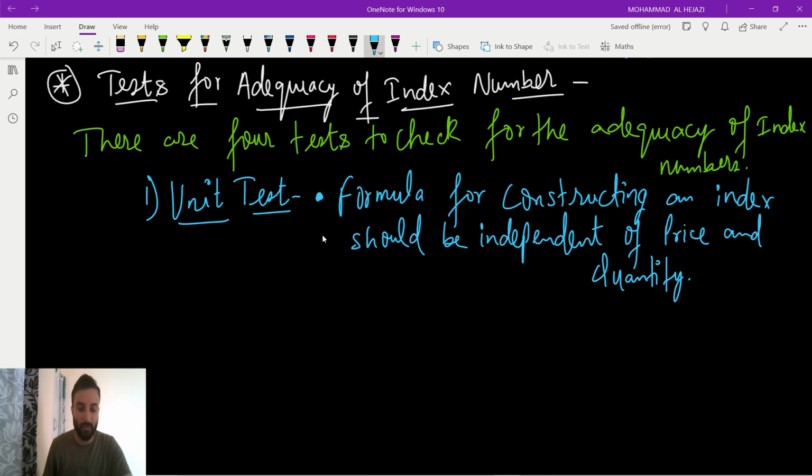What the first unit test says is that the formula for constructing an index should be independent of price and quantity, meaning it will not depend on price and quantity.